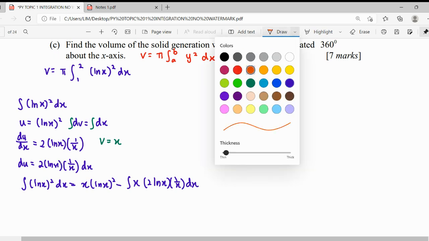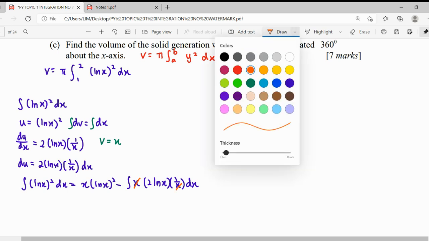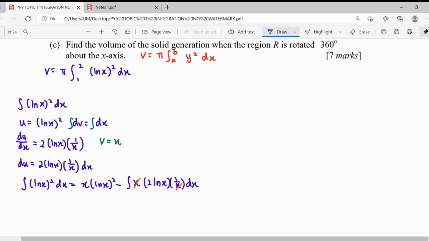So we notice that this x can be simplified. So we are going to get the answer, which is x ln x squared minus, so these 2 I can factorize out. So when I factorize out, it just integrate ln x dx.